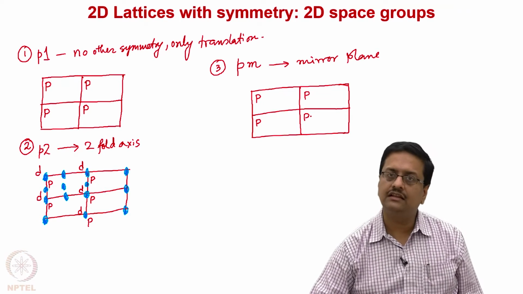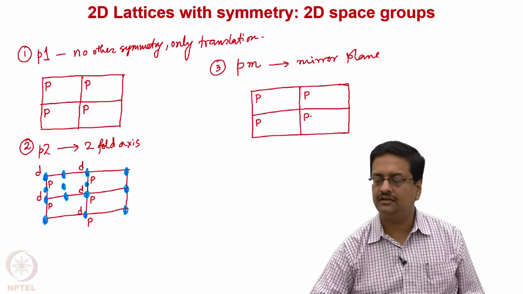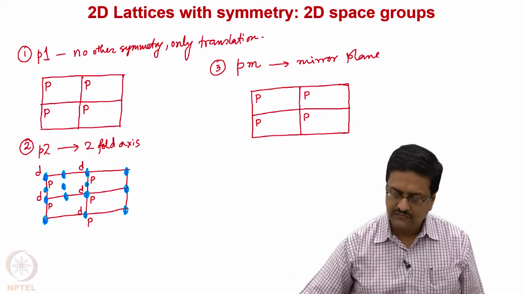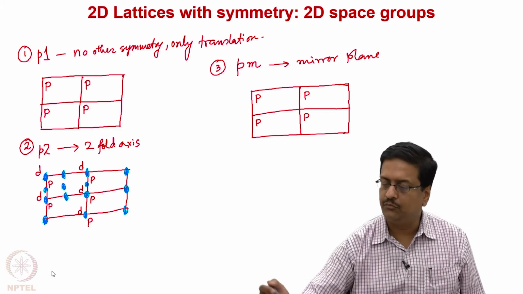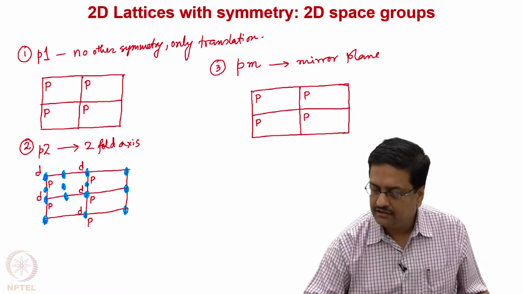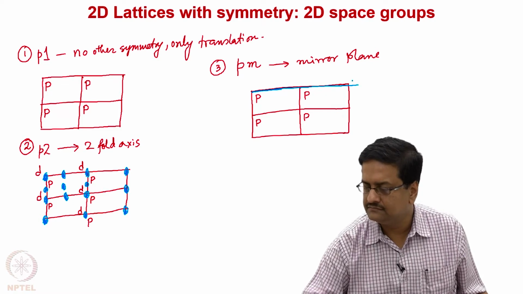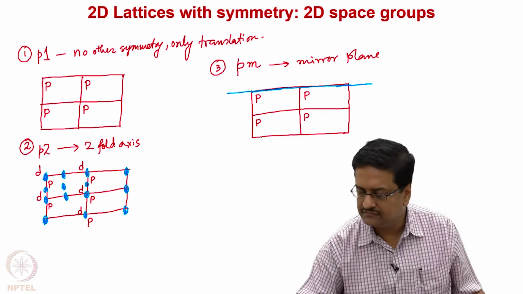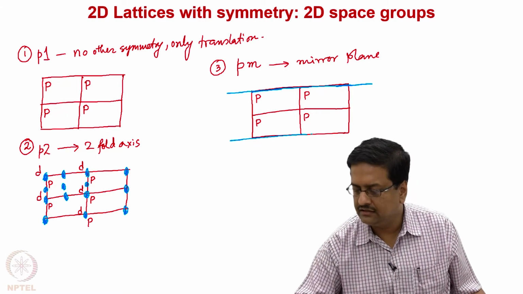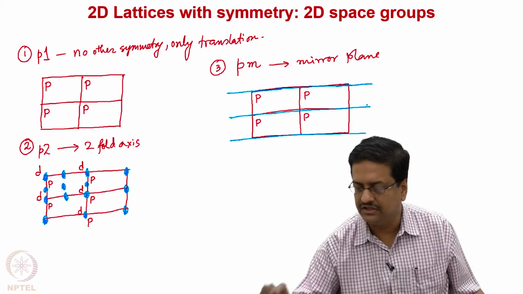Now when I am saying that it has mirror symmetry, I must designate where the mirror is. The mirror, as I said, is designated as a bold line, and I am assuming that mirror is along this edge. This edge represents a mirror. Similarly, this edge represents a mirror, that edge represents a mirror.